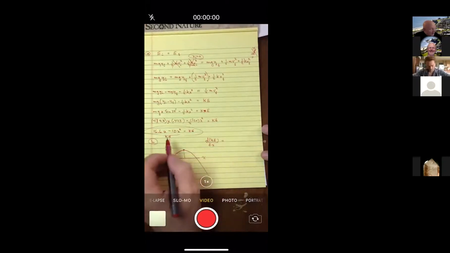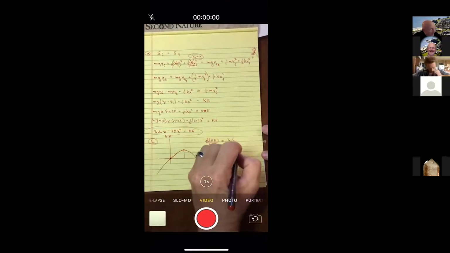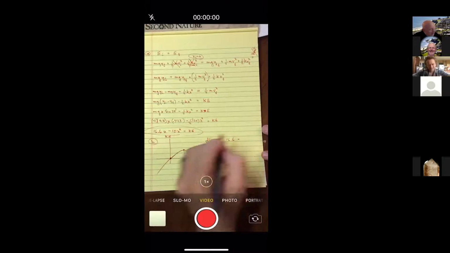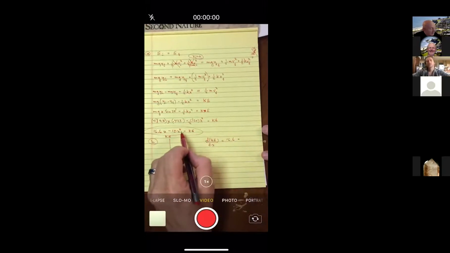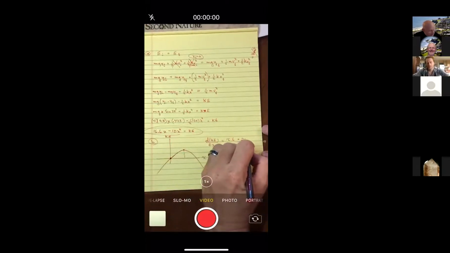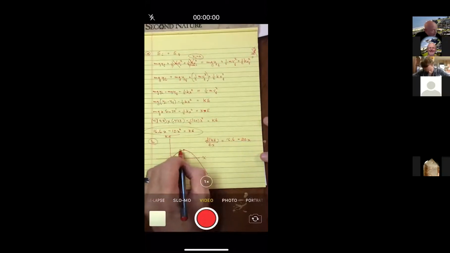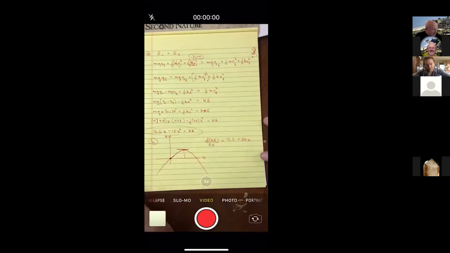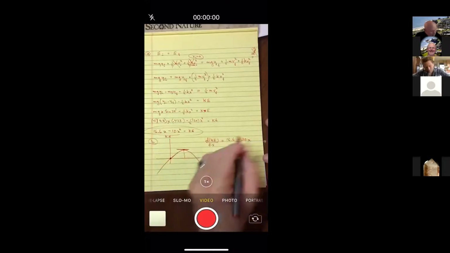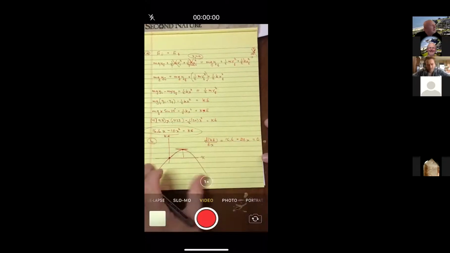So if I take the derivative, I get 16.6 minus, and the derivative of this would be 2 times 10, which would be 20x. And that's the derivative. And we know we find maximums and minimums by setting that slope equal to 0.